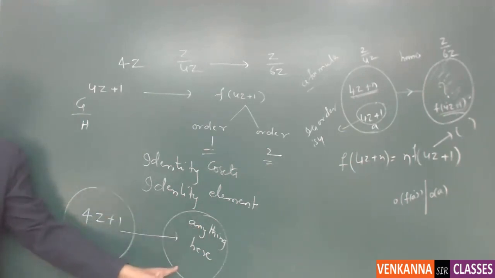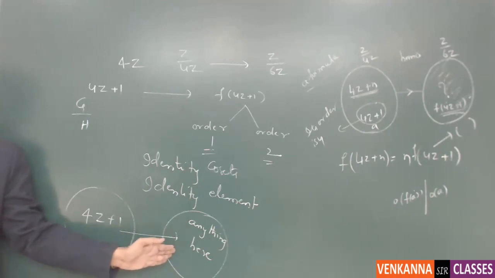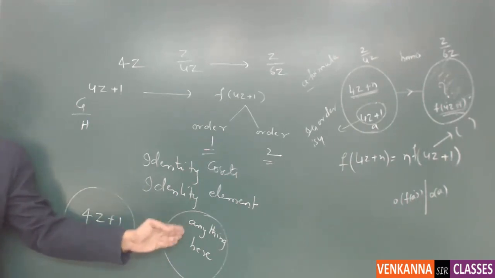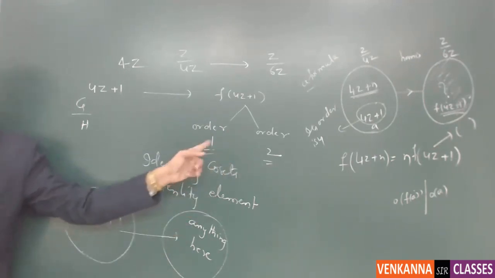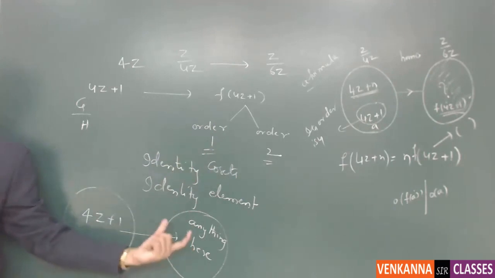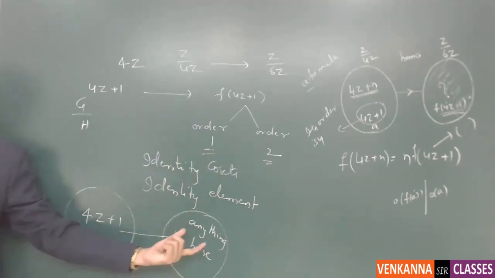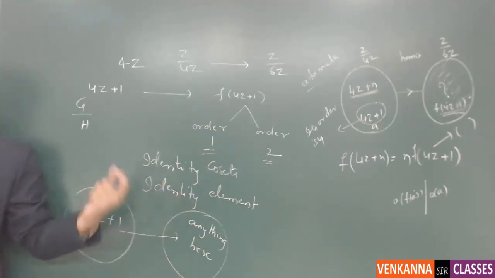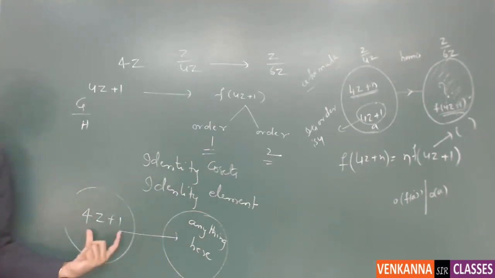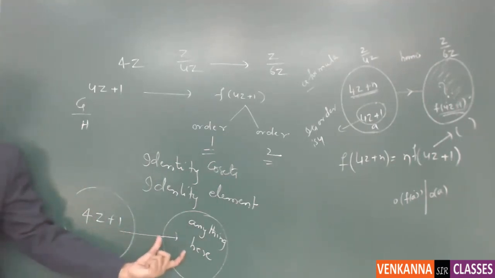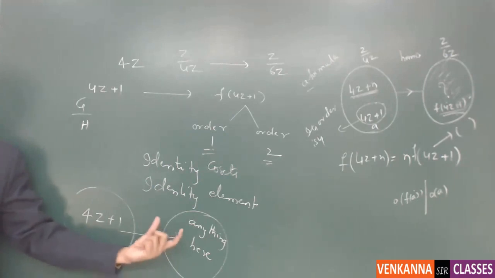So you are picking an element on the right hand side. I must be cautious that the element I am taking must have order either 1 or 2. So if you take the identity element on the right hand side, its order is 1. That's why I have paired 4z plus 1 with the value 6z. Clear now?